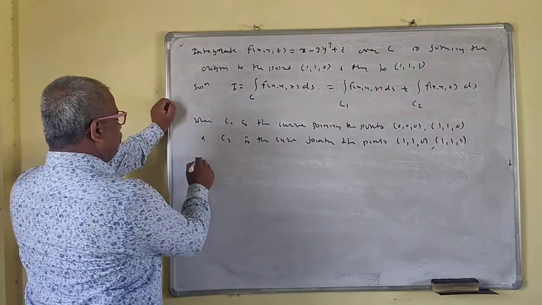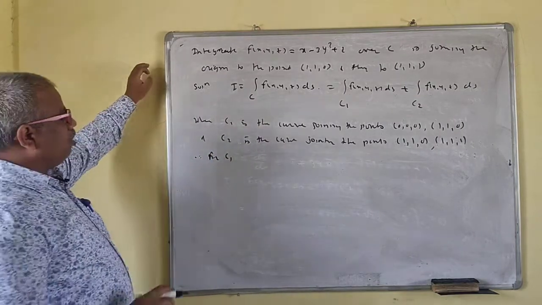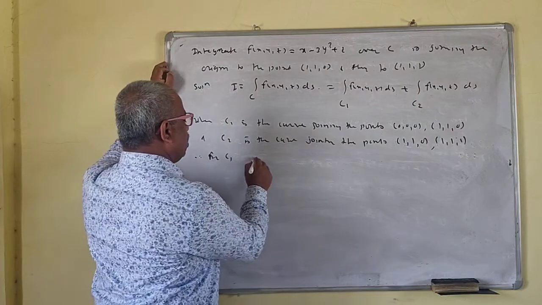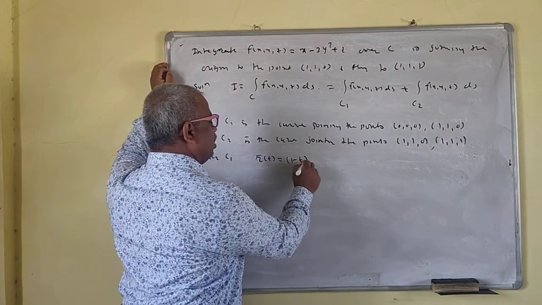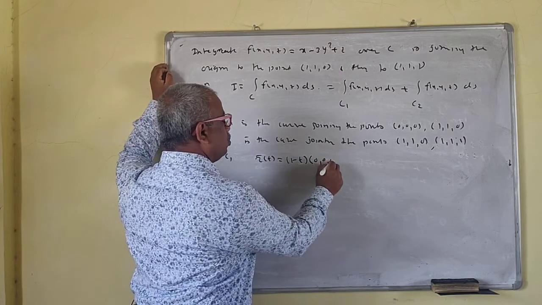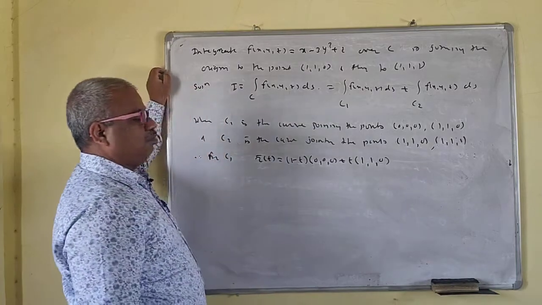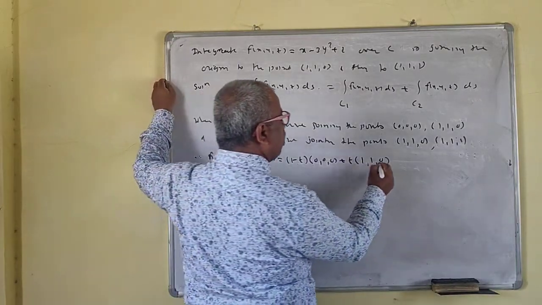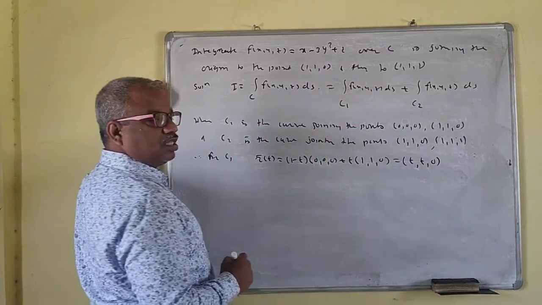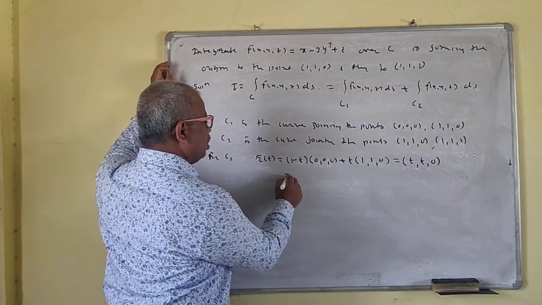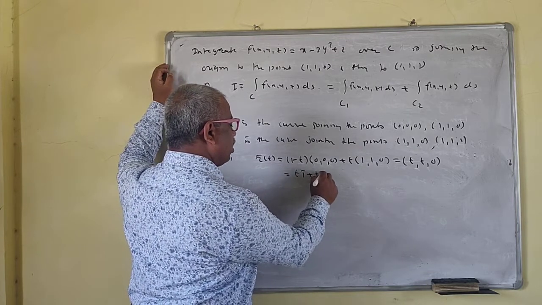Okay, so for C1 you can apply the parametric equation. R bar of t is equal to 1 minus t into 0 0 0 plus t into 1 1 0. So this is equal to t, t, 0. This is same as t i bar plus t j bar.